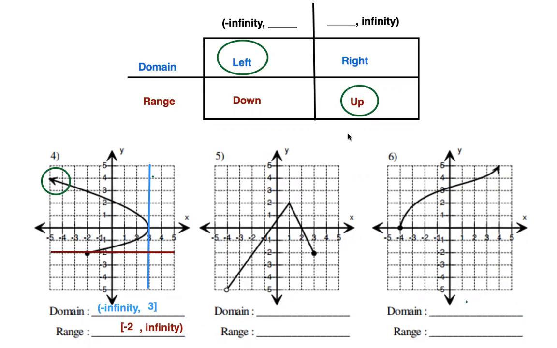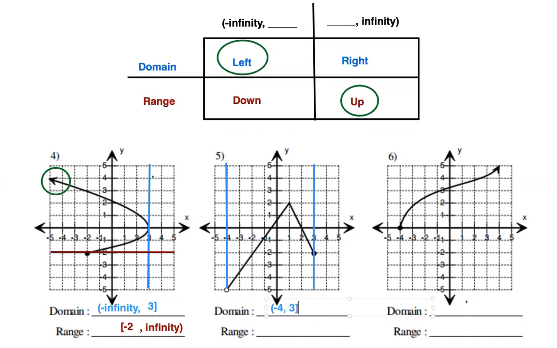For graph 5, no arrows. The left side of my graph is at -4 with an open circle. The right side of my graph is at +3 with a closed circle. So the left side will have a parentheses.